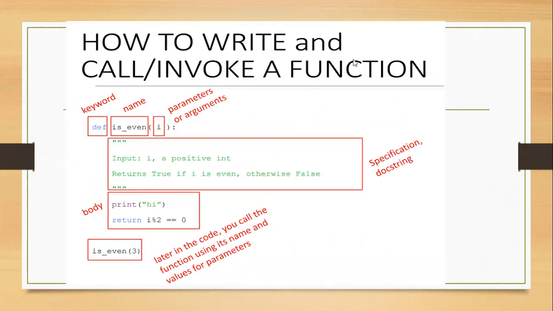How to write and call or invoke a function. So I would call this the syntax, even as I explain it. So the syntax of a function. First, when you are writing a function, you need to have this keyword def.